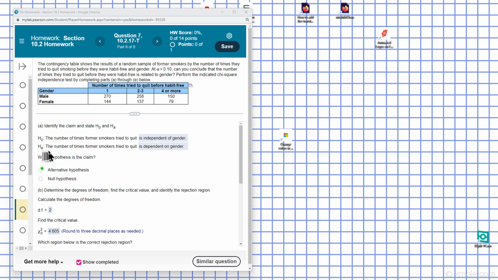The alternative hypothesis is that the number of times they tried to quit is dependent on gender. The claim is a statement that researchers believe, and the claim is the alternative hypothesis.